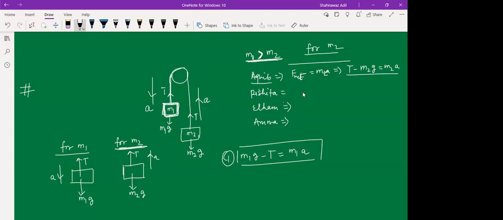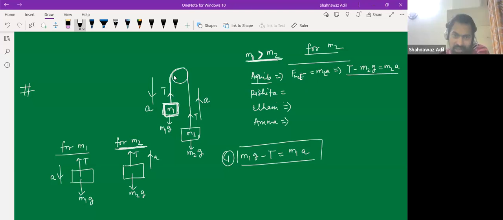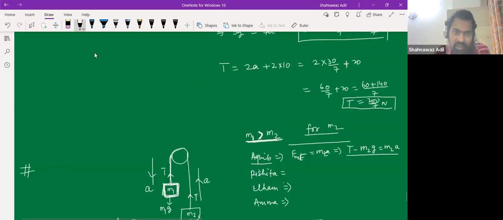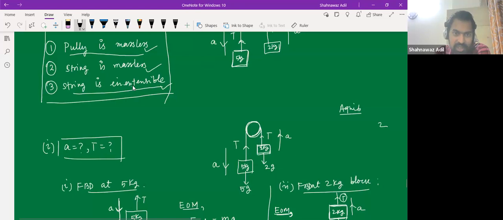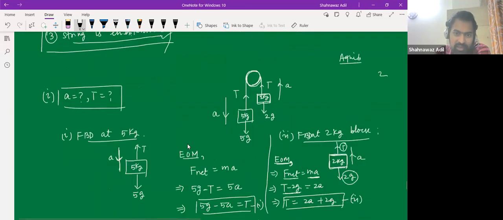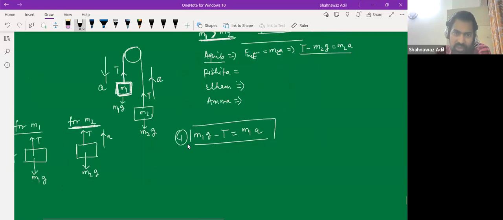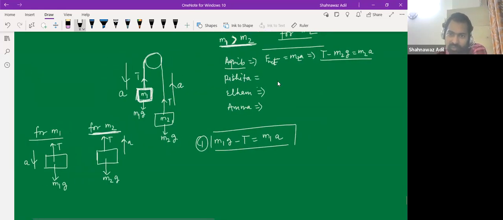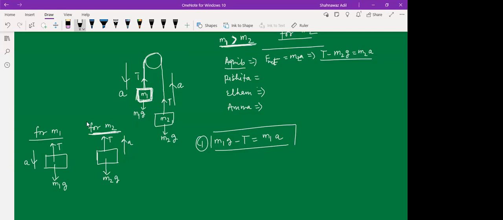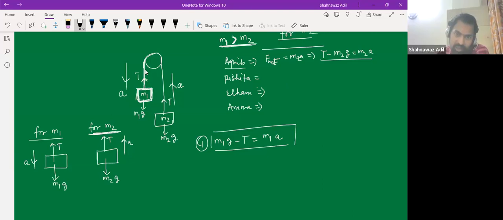Sir, in this, the tension will be more, right? The tension is the same, because the string is inextensible, so the tension will be the same. Both cases the tension is the same because it is the same string, and it is inextensible and massless.